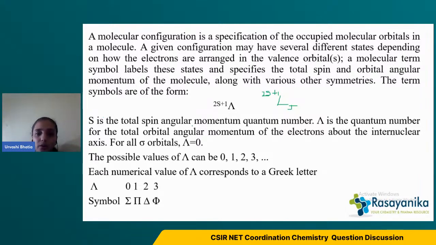S is the total spin angular momentum quantum number, and this symbol is the quantum number for the total orbital angular momentum of the electrons about the internuclear axis.